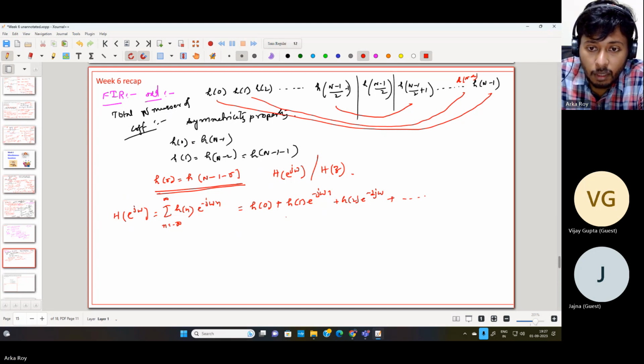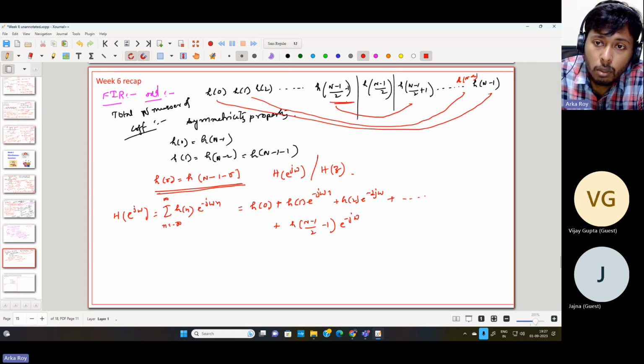Then I can write it as h of n minus 1 by 2 minus 1 into e to the power minus j omega. So this particular location is n minus 3 by 2.